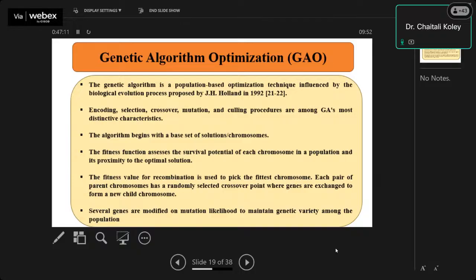In simple words, it simulates the survival of the fittest among individuals of consecutive generations for solving a problem.